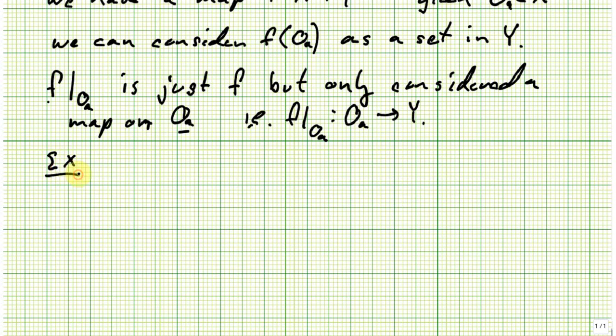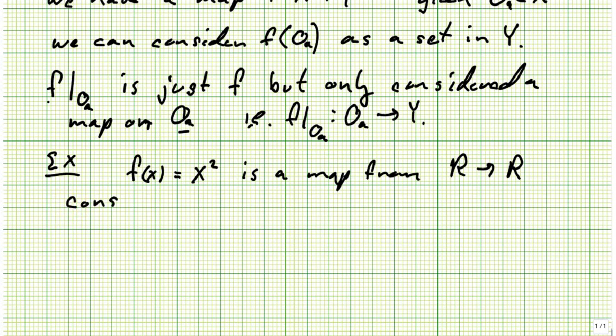For example, f of x equals x squared is a map from R into R, right? It's a map from real numbers into real numbers. Let's say consider the subspace 0, 1.